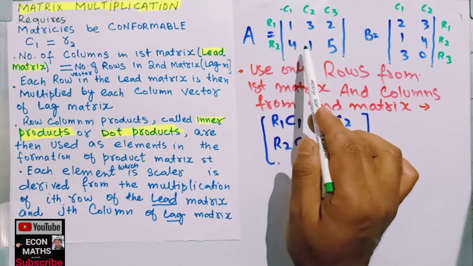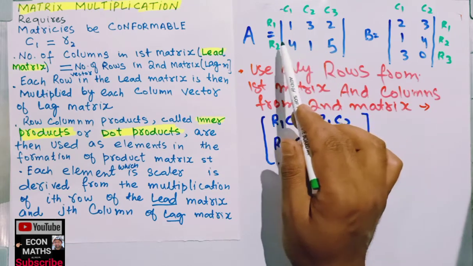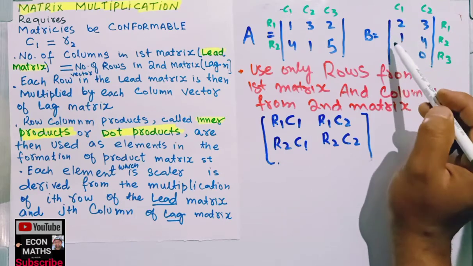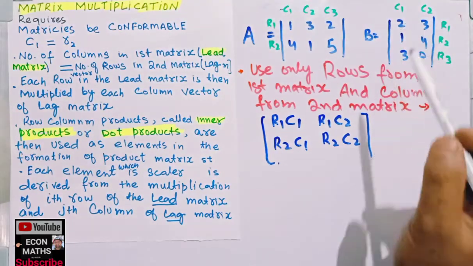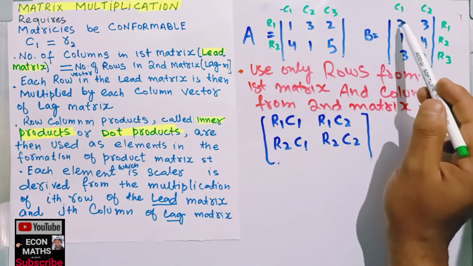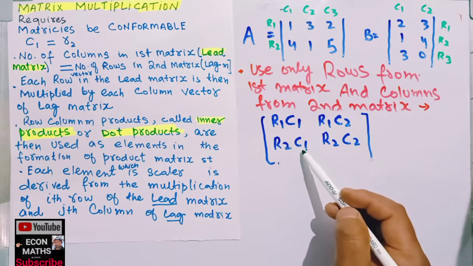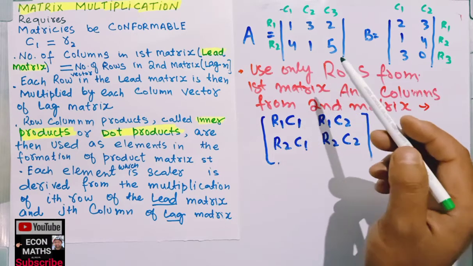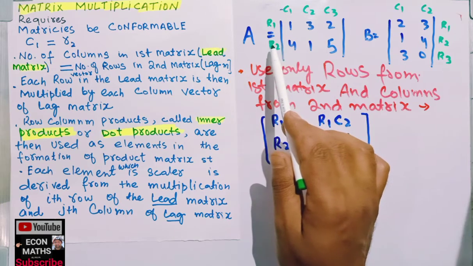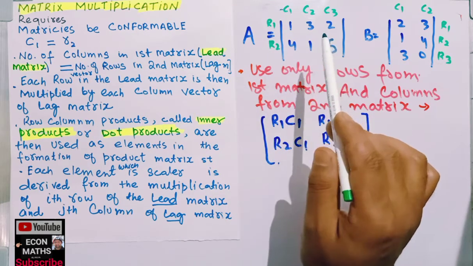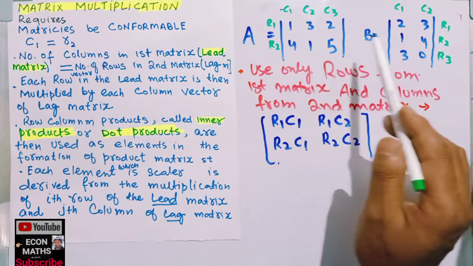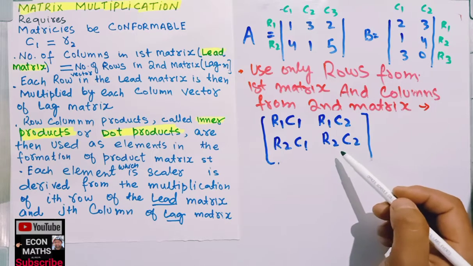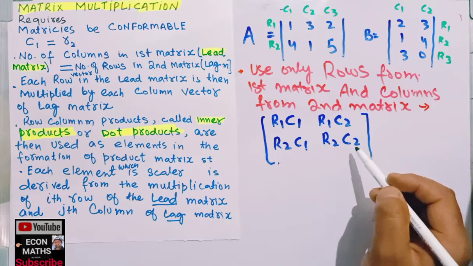We multiply the second row of the lead matrix with the first column of the lag matrix, that is R2 times C1, to get the third element. Similarly, we take the second row of the lead matrix and multiply it by the second column of the lag matrix to get the fourth element of the matrix.